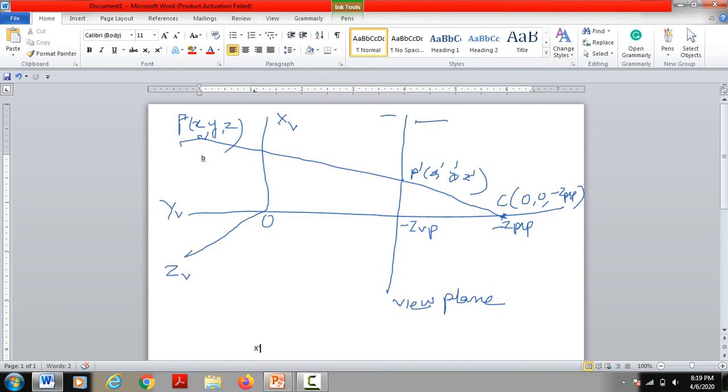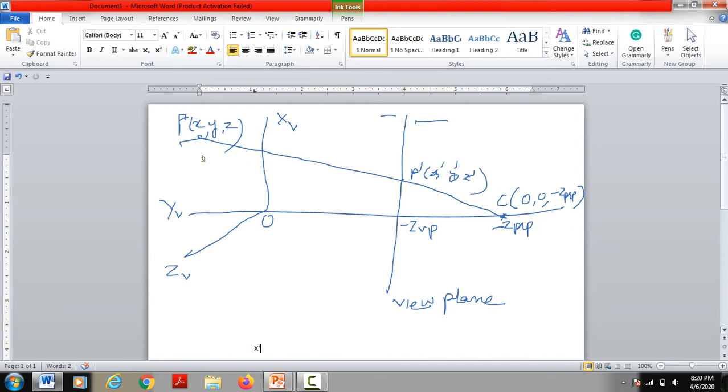When this point P is projected on the view plane with coordinates x dash, y dash and z dash, here we draw the projection line from P toward the view plane that meets the z v axis at the projection reference point. That point is C here. The point P x dash, y dash, z dash at which the projection line intersects the view plane forms the projected image of the point.